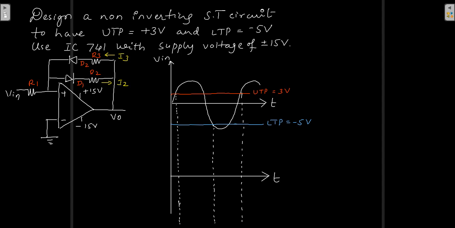I will have the output now, so let us keep it like this. This will be my output, switching between minus V0 sat and plus V0 sat.